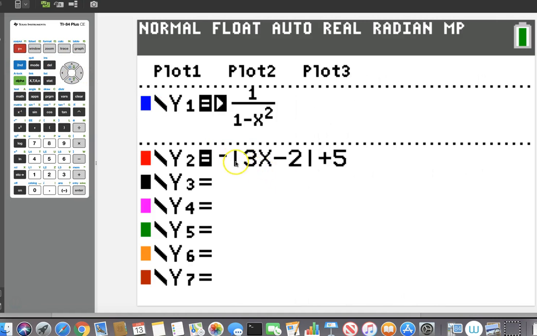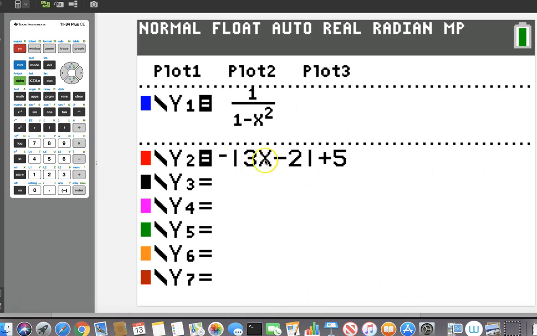The other thing to be aware of is that a negative symbol and a subtraction symbol are two different symbols. In front of the absolute value, you need the negative symbol, which is down here to the left of the enter button. The subtraction symbol is not a problem, but be careful: if you're not subtracting two terms on your calculator, you do need to use this negative symbol.